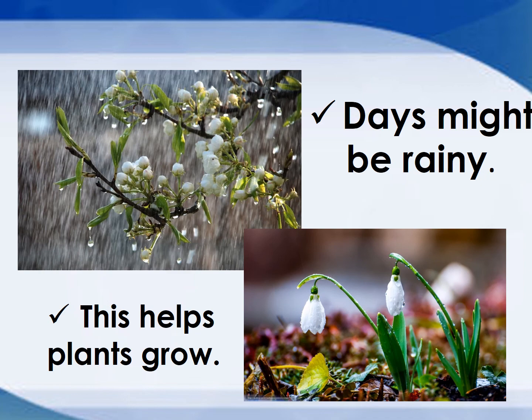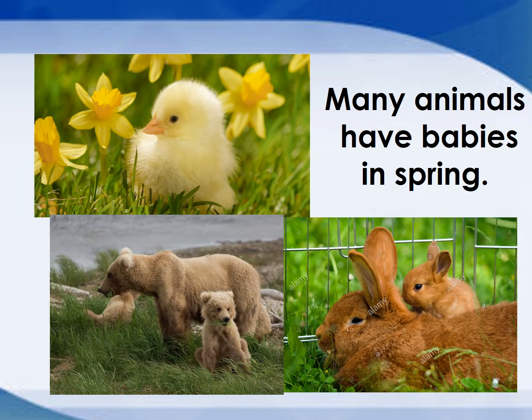Now look at these pictures. What do you see? Animals. You see an animal. You see a parent animal and you see a young animal. Yes or no? Yes. Why?